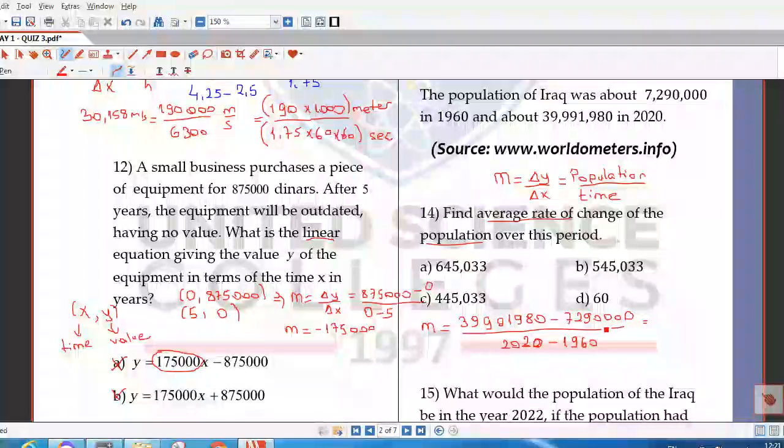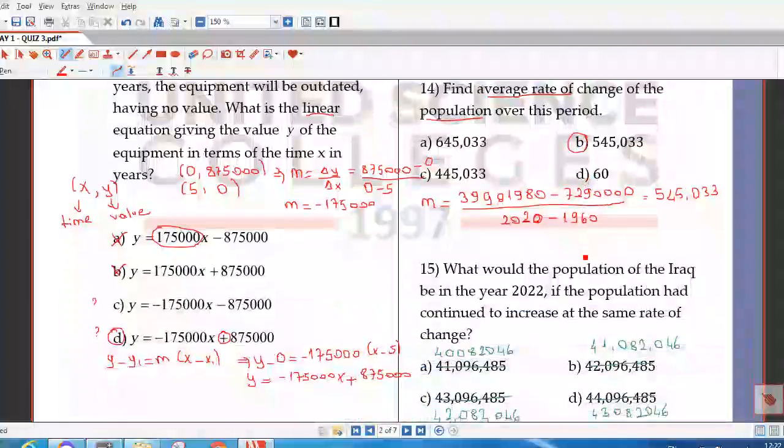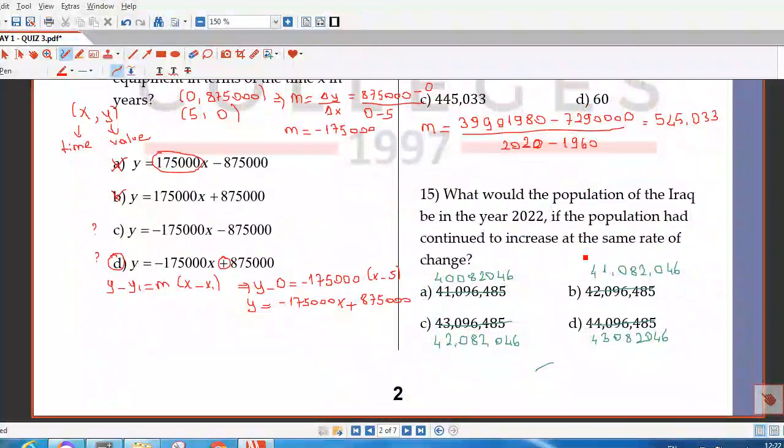If we apply the necessary operations, in the end we are going to get 545,033. It is going to be population per year, I mean average rate of change, 545,033. Answer is B. Population is increasing with this rate.